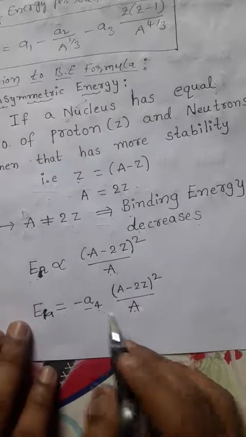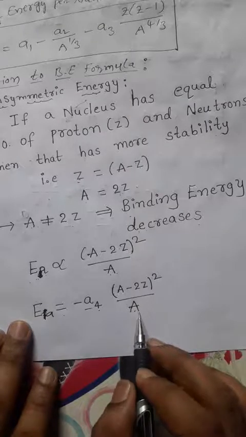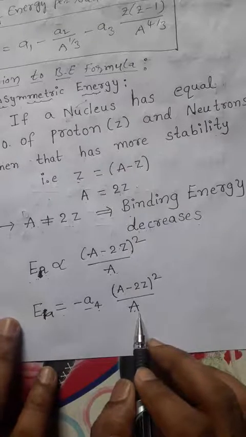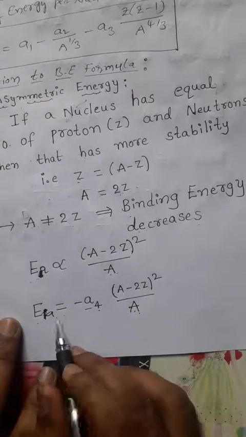That means if A is very large, that means the atomic mass number is large, then the asymmetric energy is less.